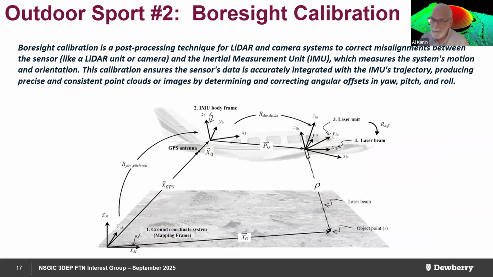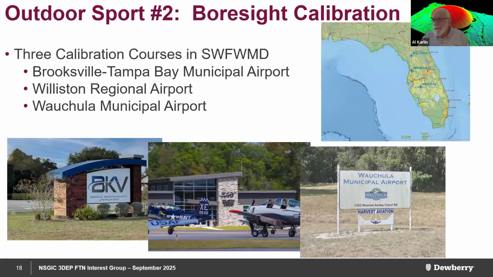And like I showed you now, we do the whole thing all at once, but that requires that you have a calibration course to measure while the airplane is in flight, and measure the pitch, roll, and yaw while the plane is actually collecting data. Well, like I say, I think of this as a second outdoor sport, the boresight calibration.